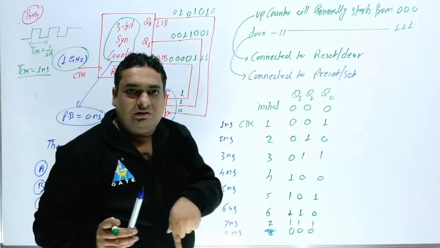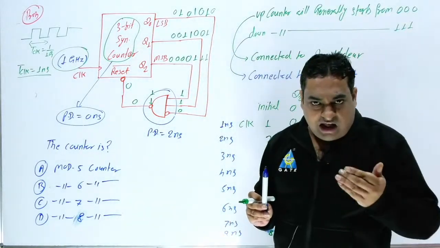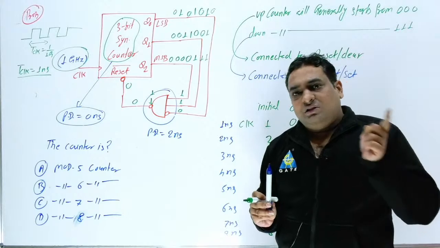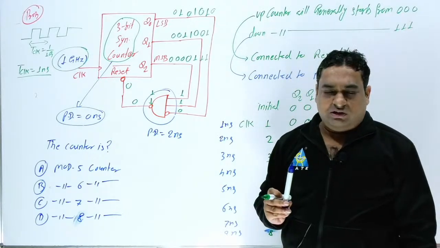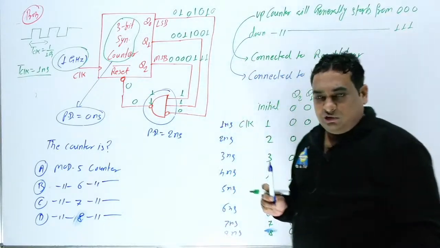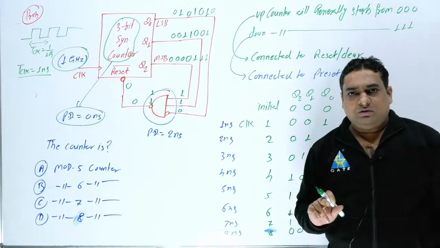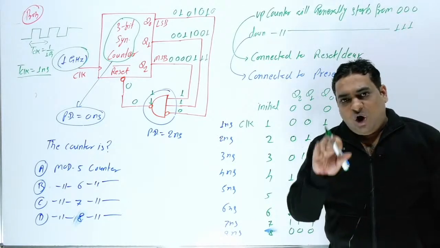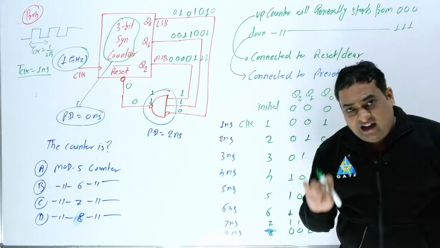But as I already told you, you will not get output according to the input if this reset operates. So we are not getting this 0, 0, 0 because of this 8th clock.